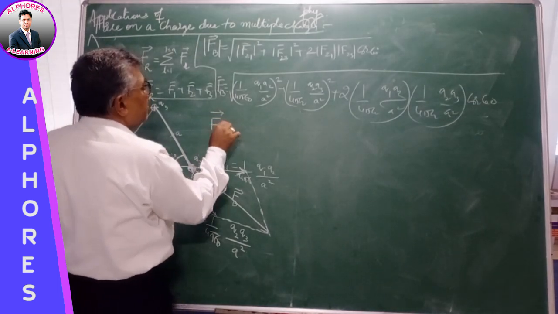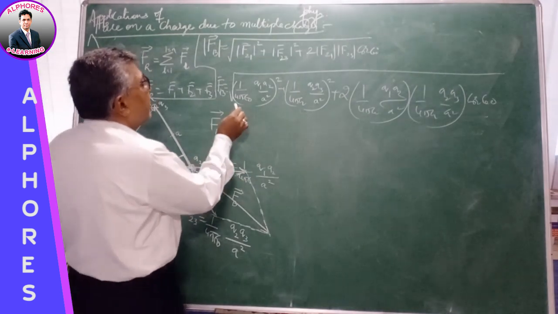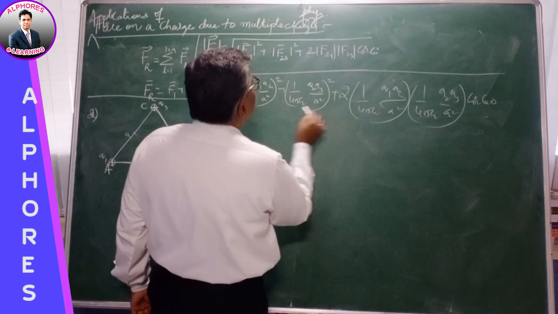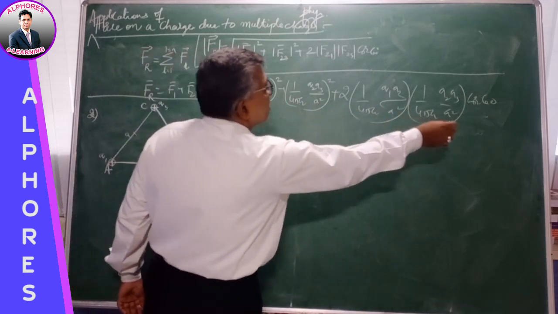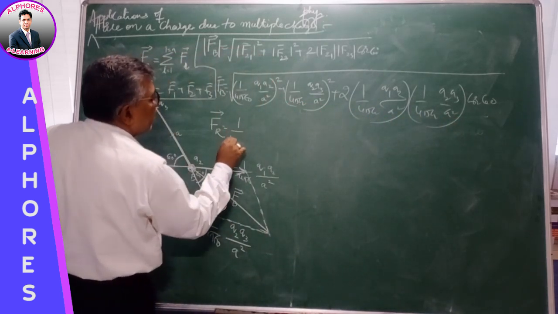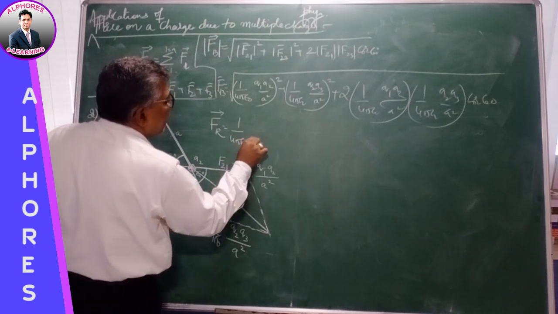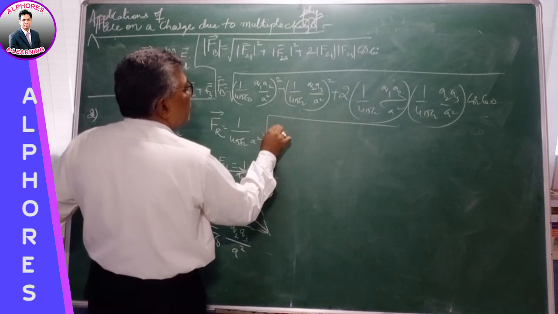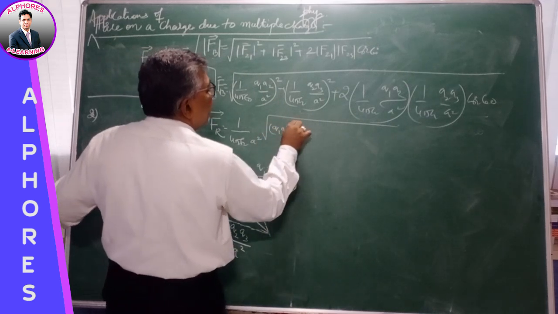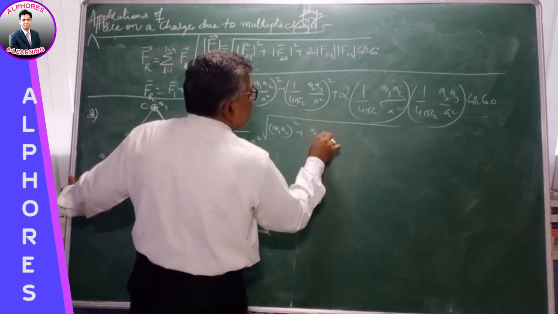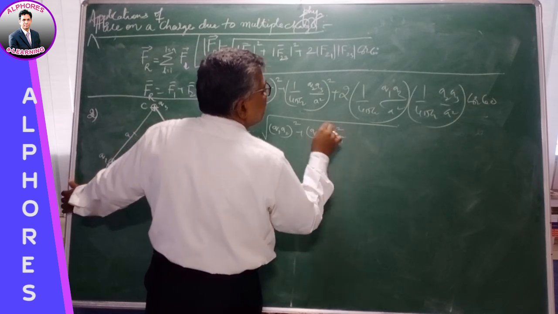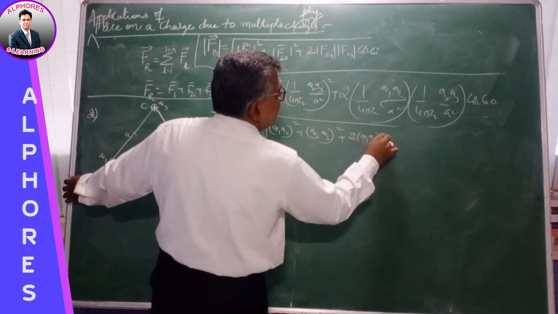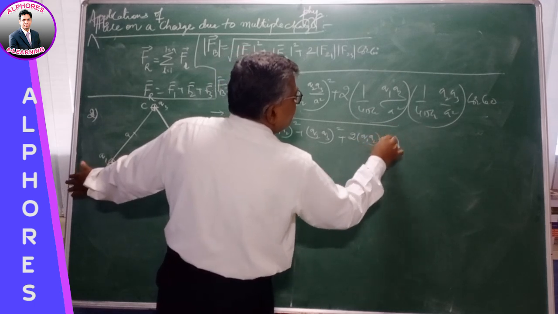Now in this, let us take the common things out. 1 by 4 pi epsilon naught a square is common in all. So it's under root of (q1 q2) whole square plus (q2 q3) whole square plus 2 times q1 q2 times q2 q3 into cos 60.